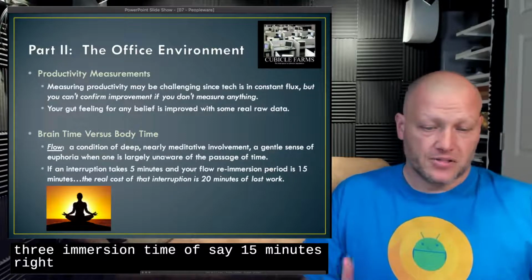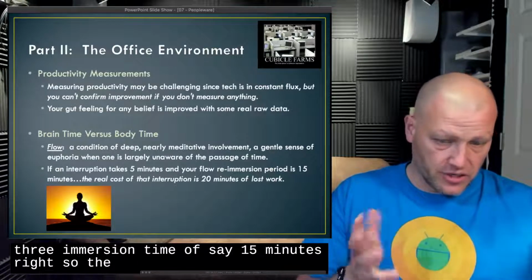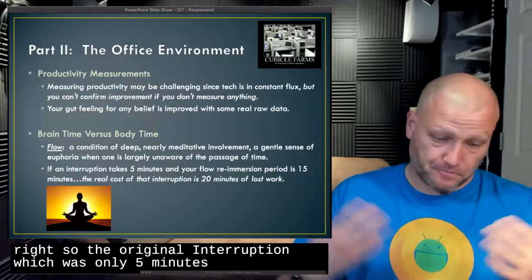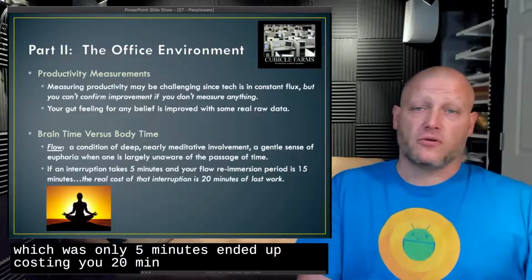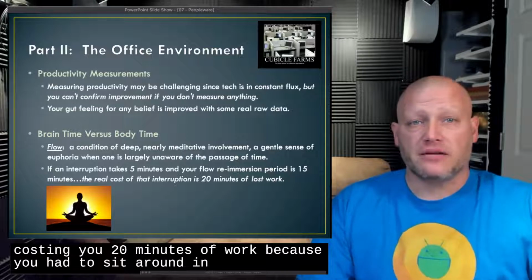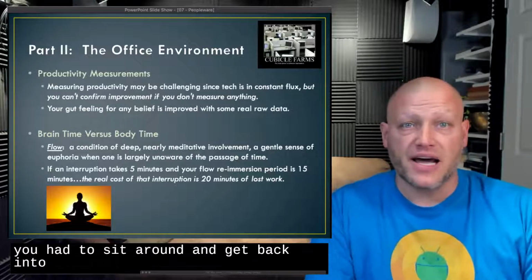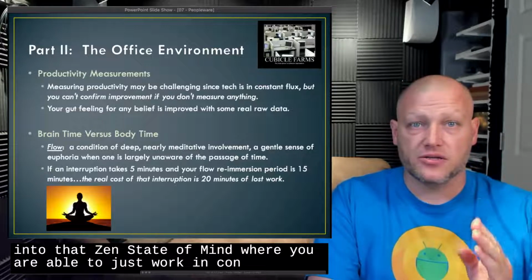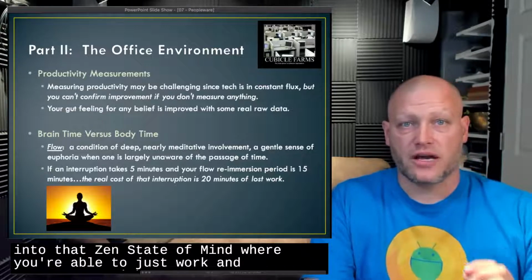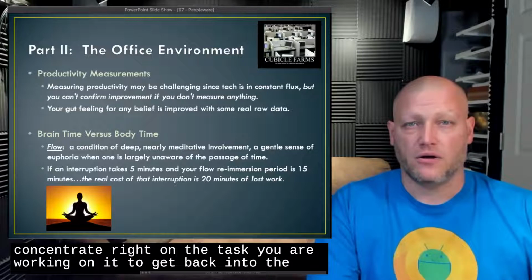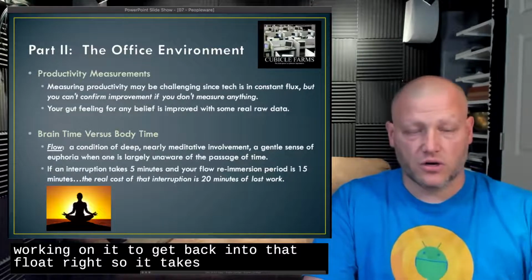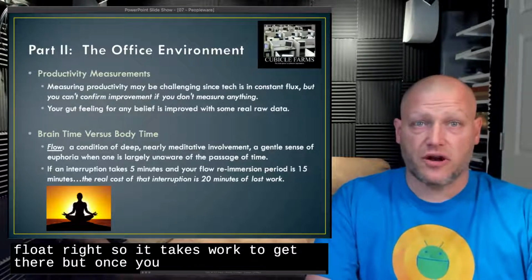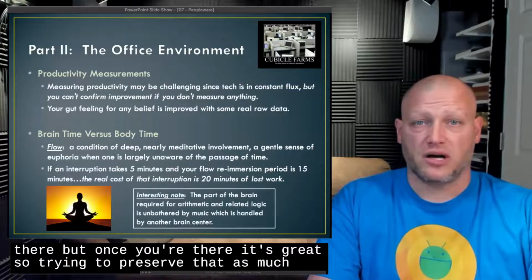So the original interruption, which was only 5 minutes, ended up costing you 20 minutes of work because you had to sit around and get back into that Zen state of mind where you're able to just work and concentrate right on the task that you are working on, to get back into that flow, right? So it takes work to get there. But once you're there, it's great. So try to preserve that as much as you possibly can.